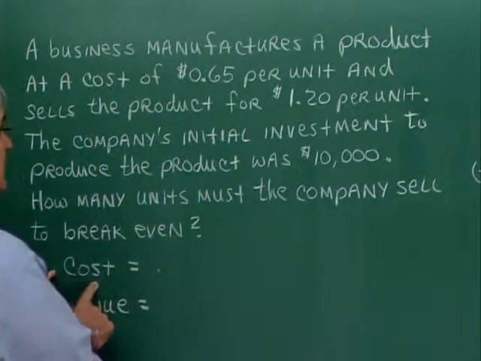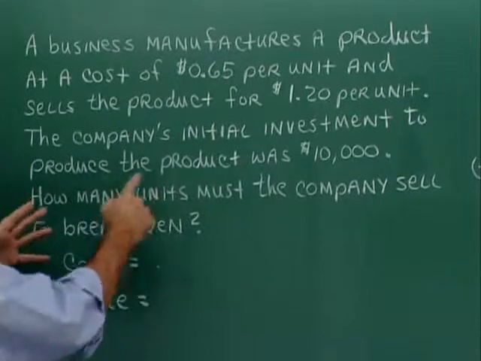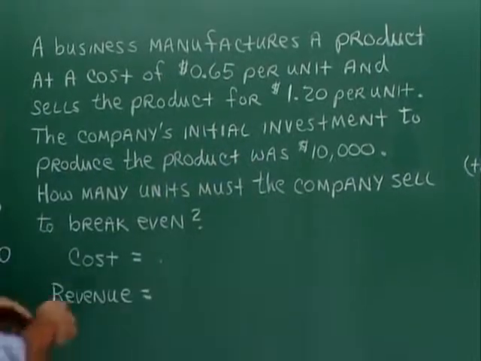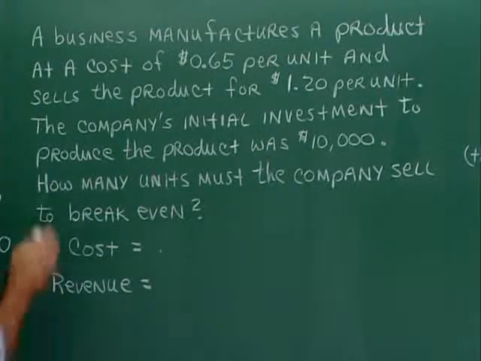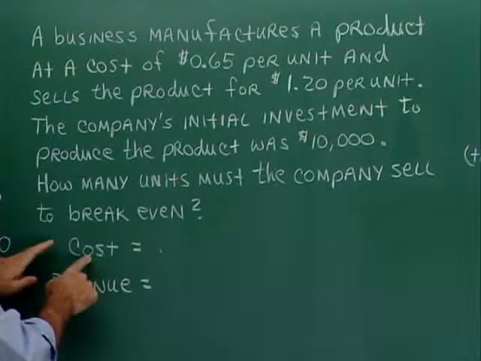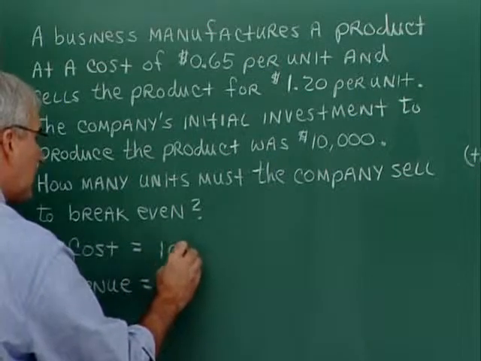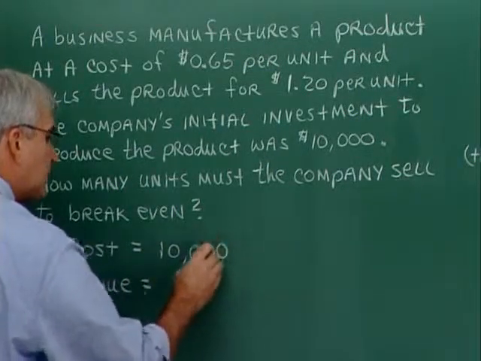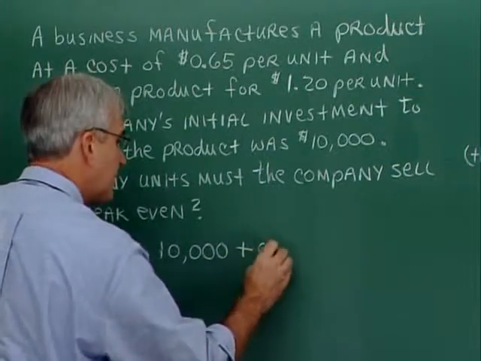For the cost, it tells us that the company's initial investment to produce the product is $10,000, and then each unit will cost a certain amount after that, and it's 65 cents per unit. So the cost equation, or the cost function, is the $10,000 initial investment plus 65 cents per unit.